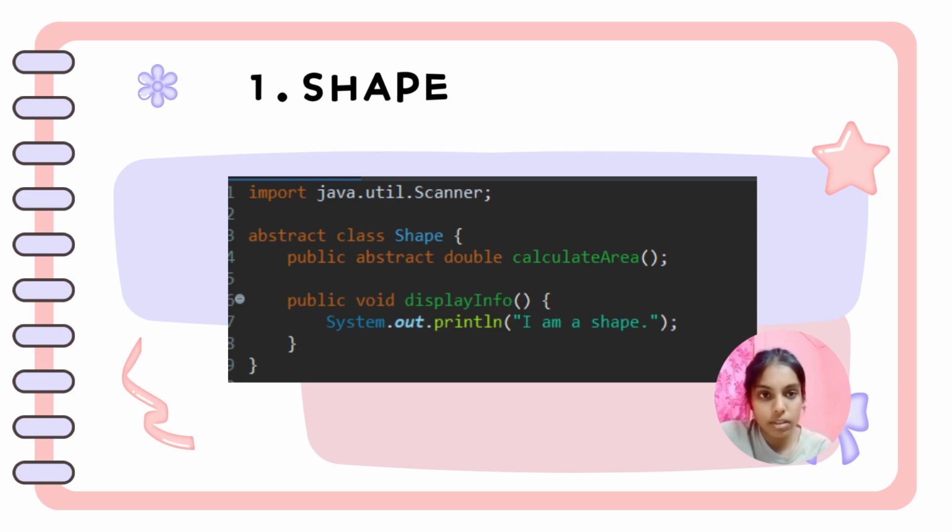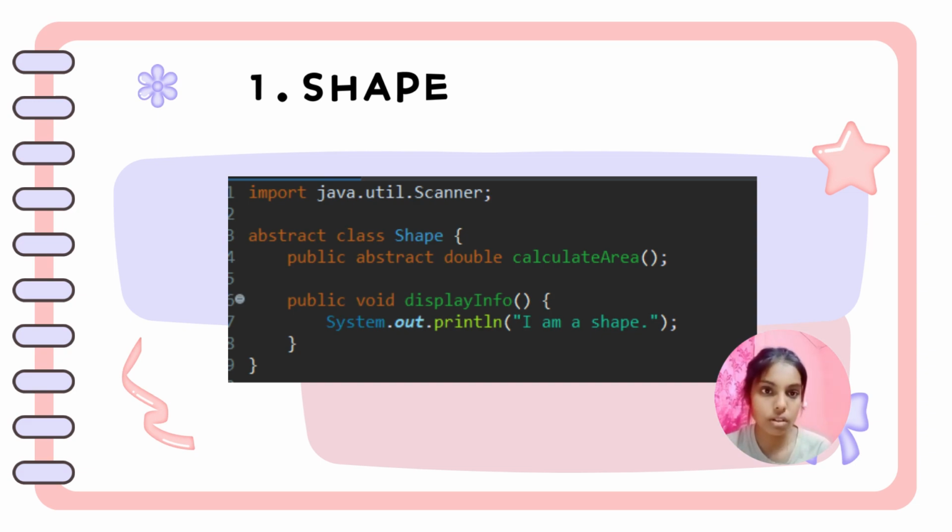Abstract means no implementation in Shape; subclasses must implement it. Double returns a double precision floating point number for the area, and the brackets mean it takes no argument.